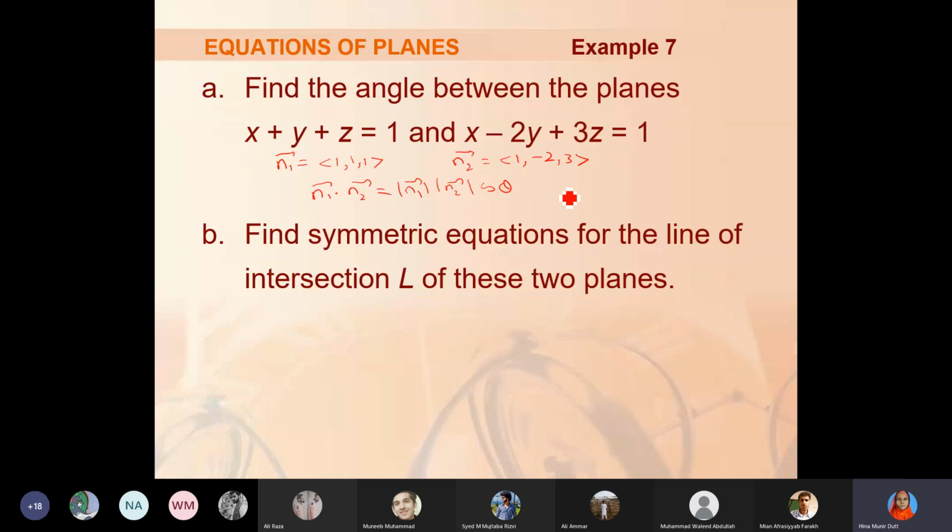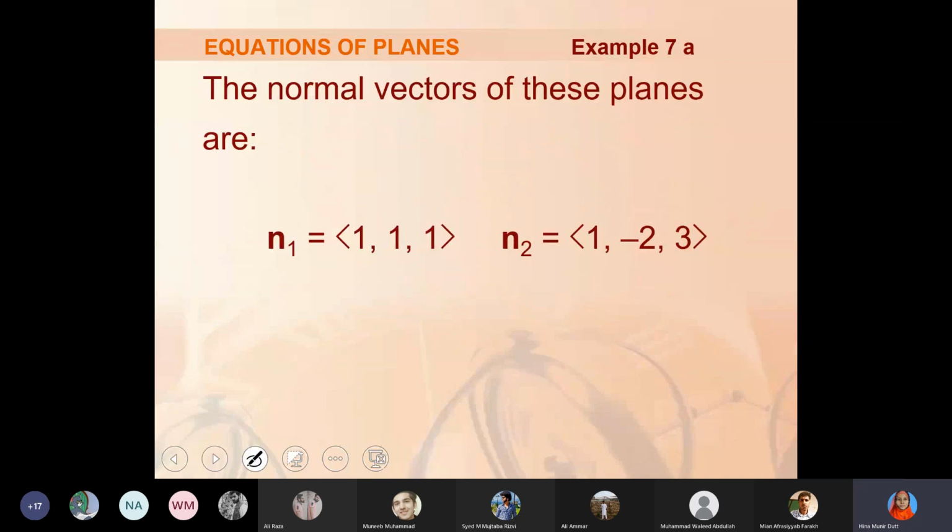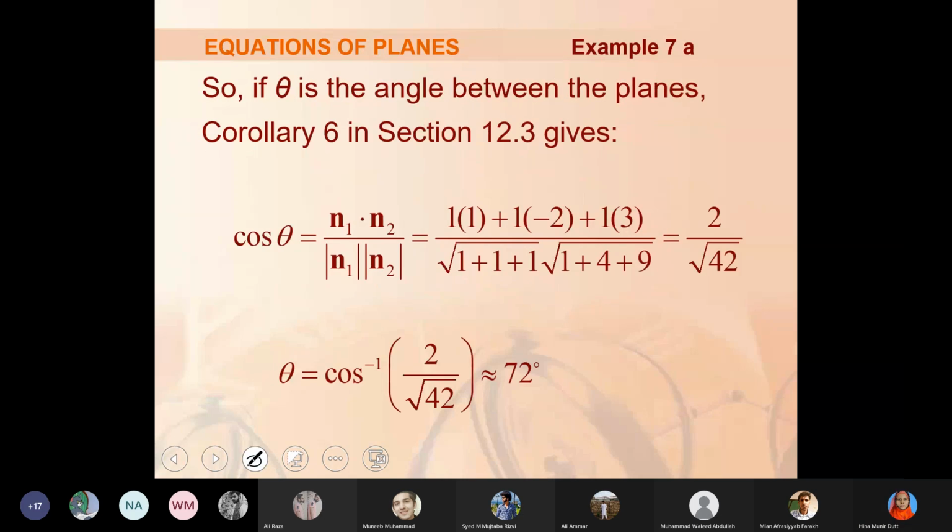So cos theta is equal to n1 dot n2 divided by the magnitudes. What is n1 dot n2? 1 into 1, minus 2, plus 3, divided by the magnitude of n1, which is the square root of 1 square plus 1 square plus 1 square, and the magnitude of n2 is the square root of 1 square plus 2 square plus 3 square. Simplify it and then take the inverse cos. You can write it in degrees or in radians.